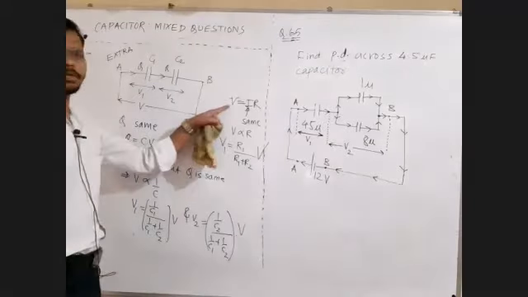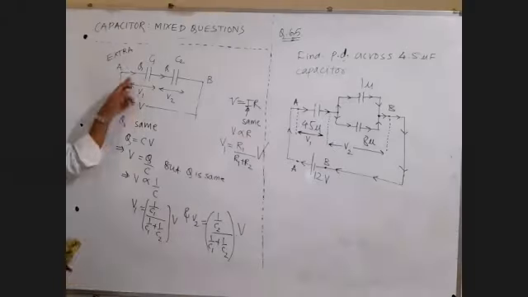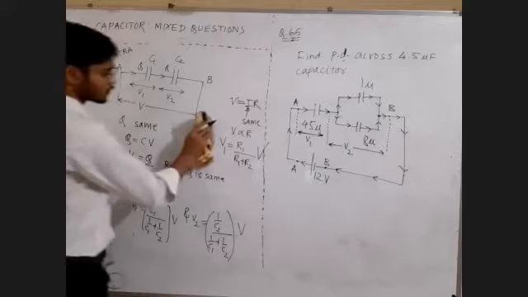But for a series combination of capacitors, V is proportional to 1 upon C, because resistors in series are analogous to capacitors in parallel. It is the opposite, the other way around.